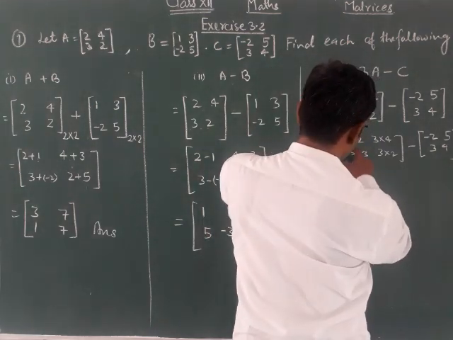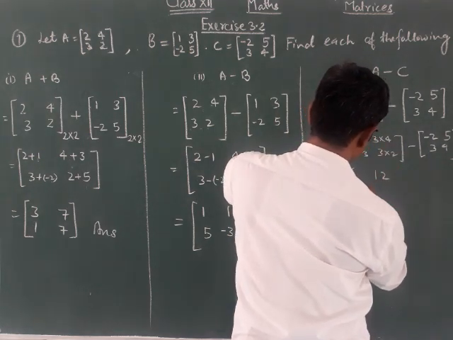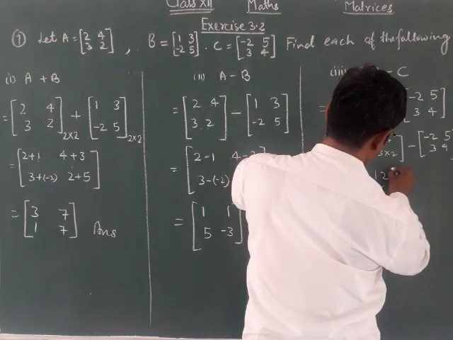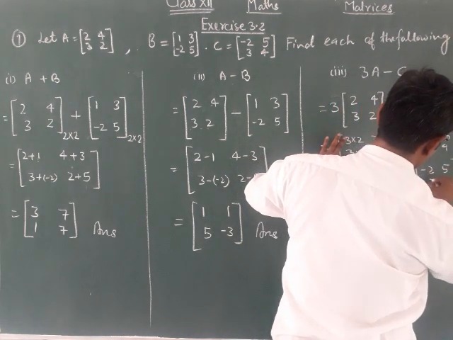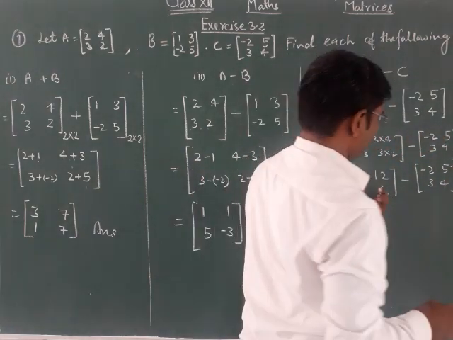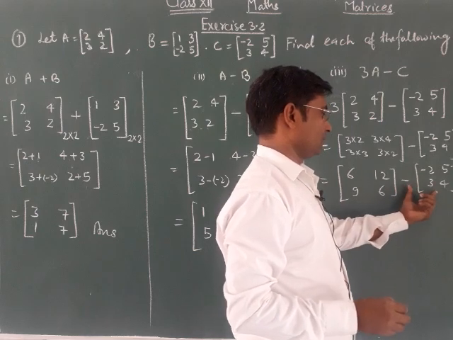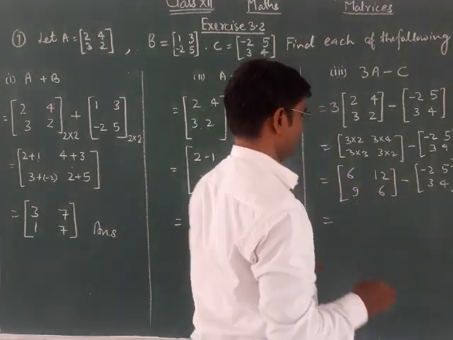So now we get [6, 12; 9, 6], minus the matrix [-2, 5; 3, 4]. The orders of the given matrices are the same, so corresponding elements should be subtracted.